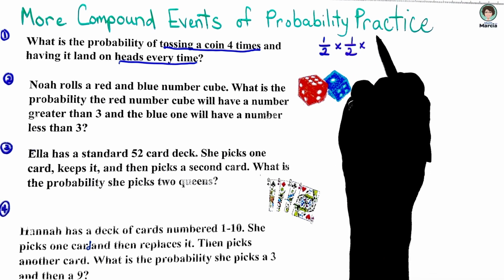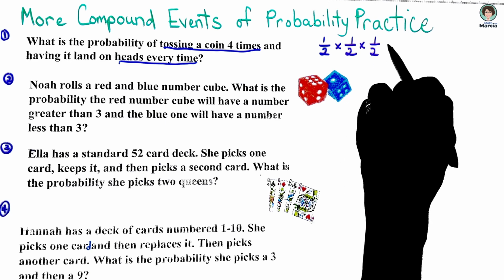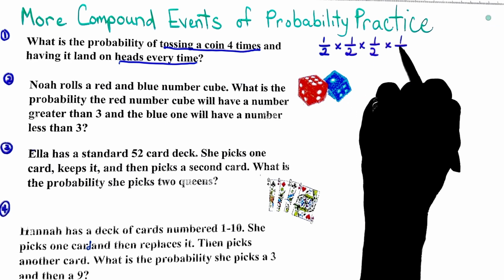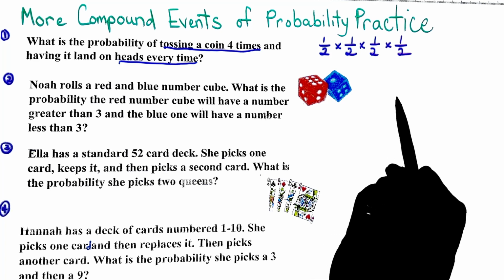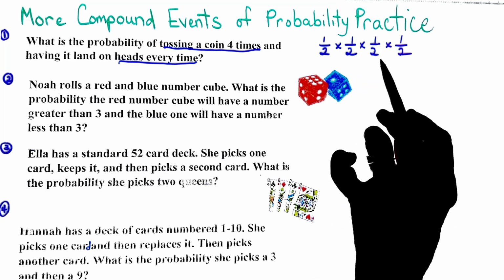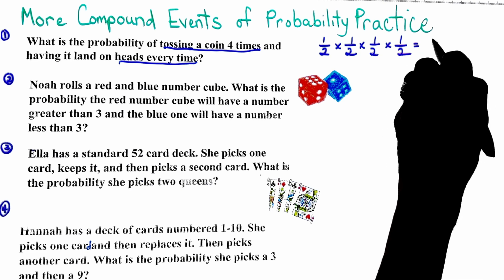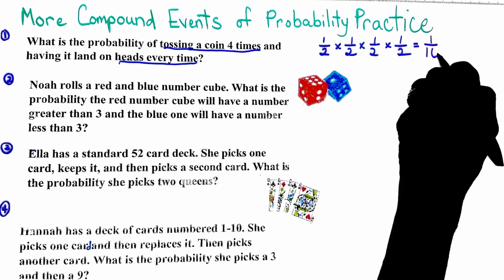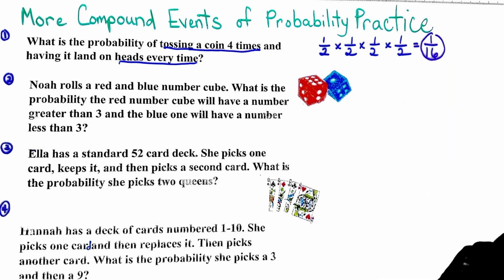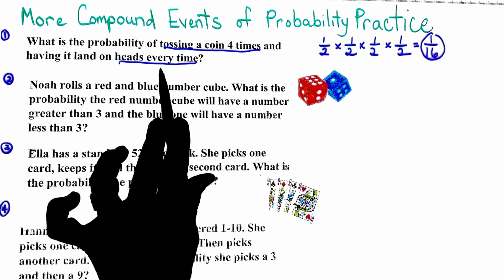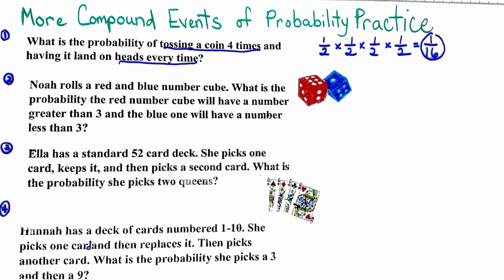So for each time, we actually have a 50% chance of getting heads. But when we multiply each one of these events, there is a 1 in 16 chance for it to come up with heads every time. So it's not too likely.